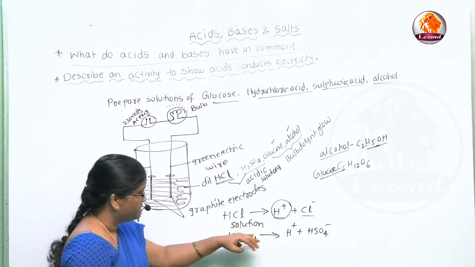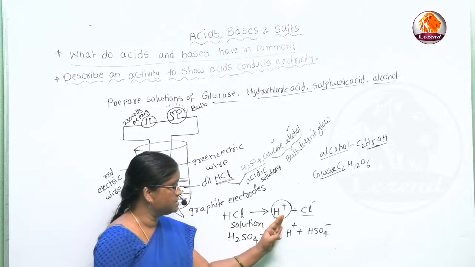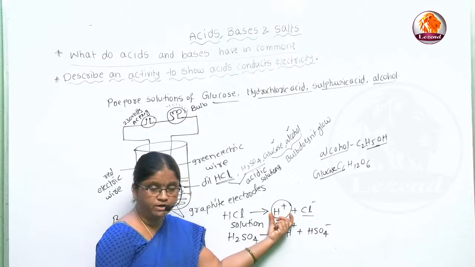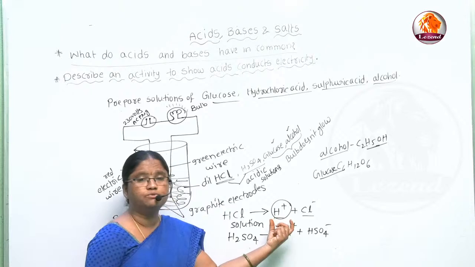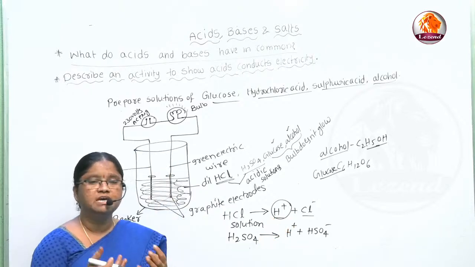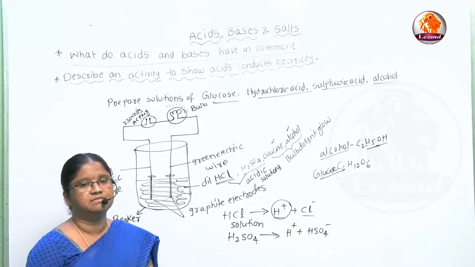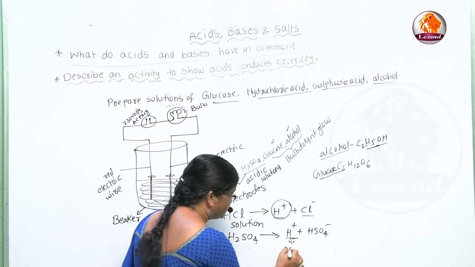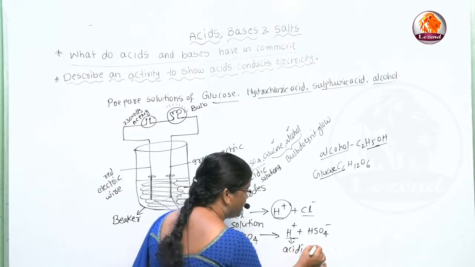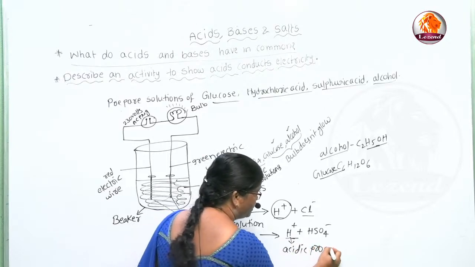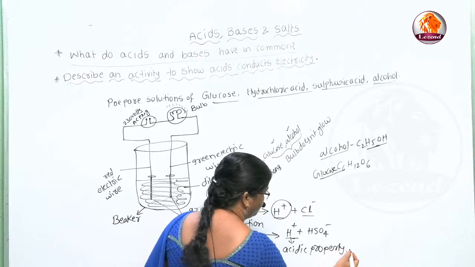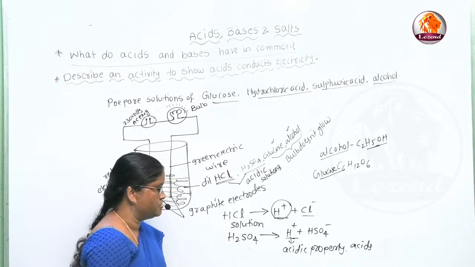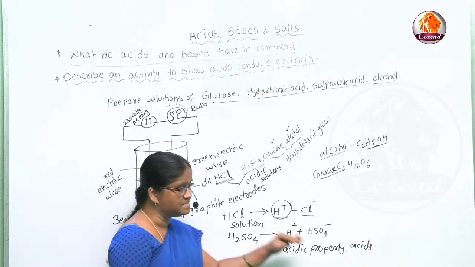Here, the movement of hydrogen ions, or the number of hydrogen ions, is the only attribute for the acidic property of acids. H plus ions alone are responsible for a compound behaving as an acid.